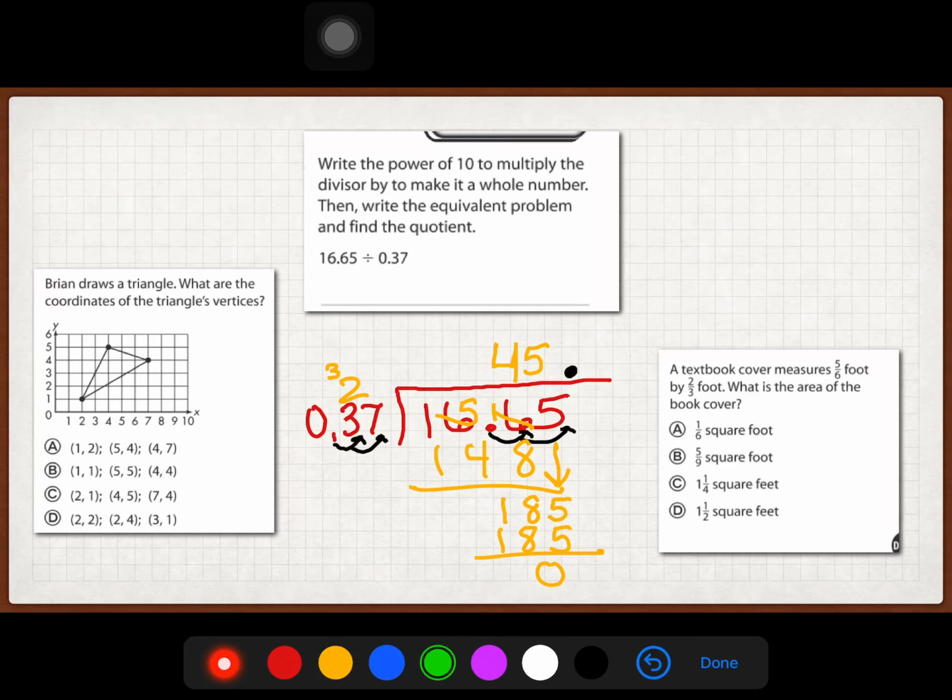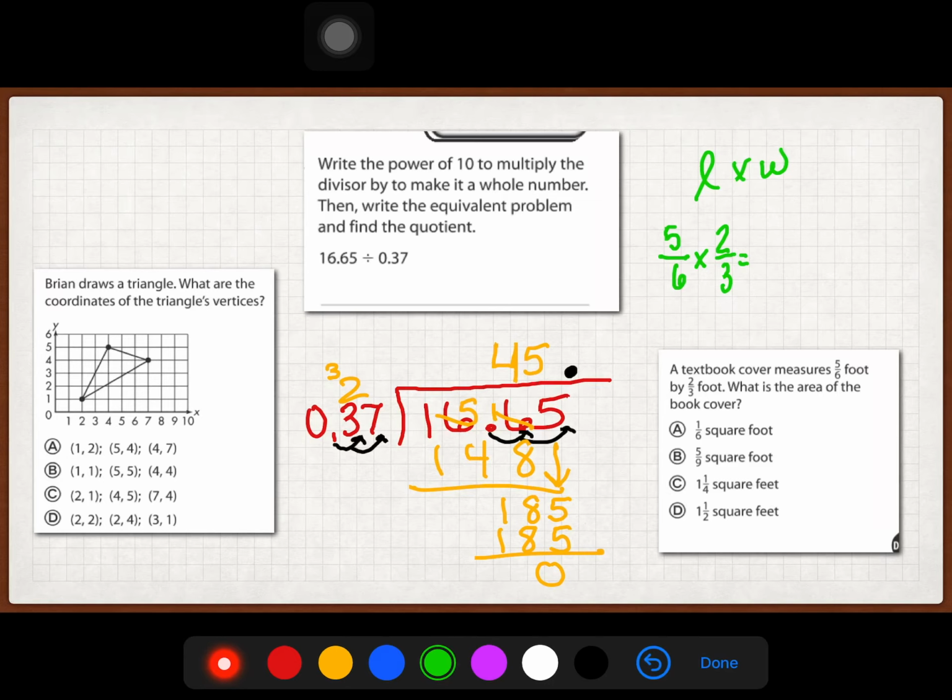A textbook cover measures 5/6 foot by 2/3 foot. Oh my goodness. And what is the area? Knowing we're going length times width with a fraction, 5/6 times 2/3.